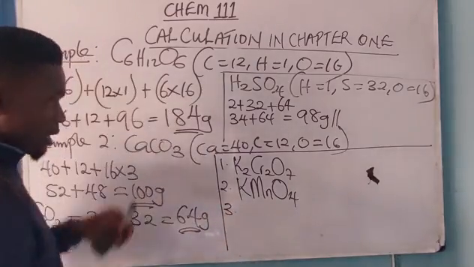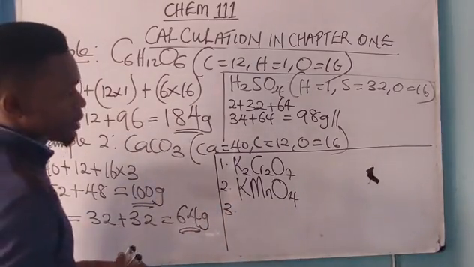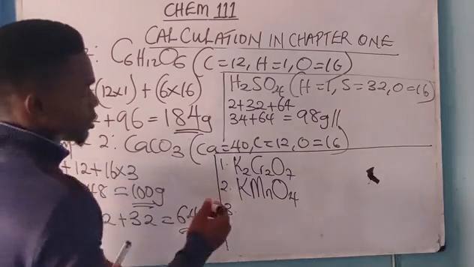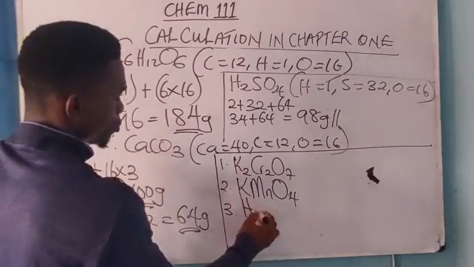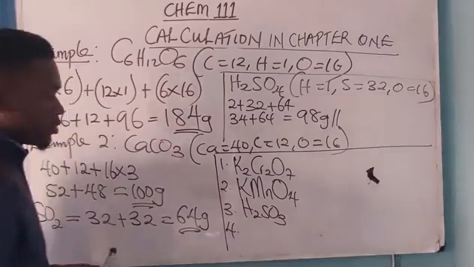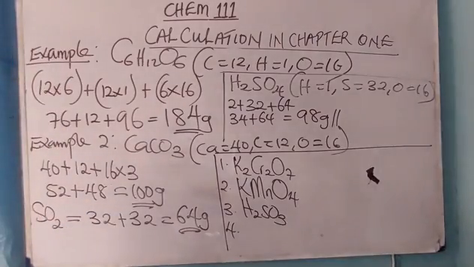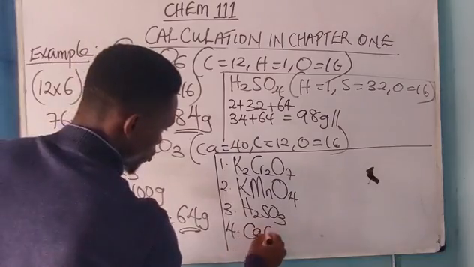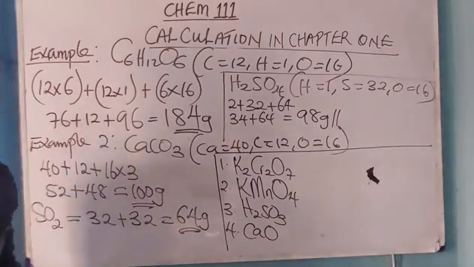You also look for the molecular mass of H2SO3. Then number 4, calcium oxide. Okay, so this is your assignment.